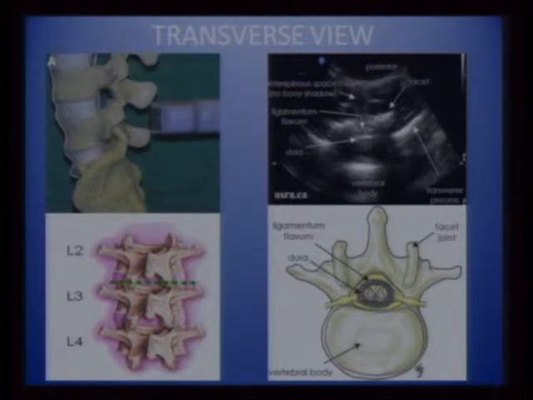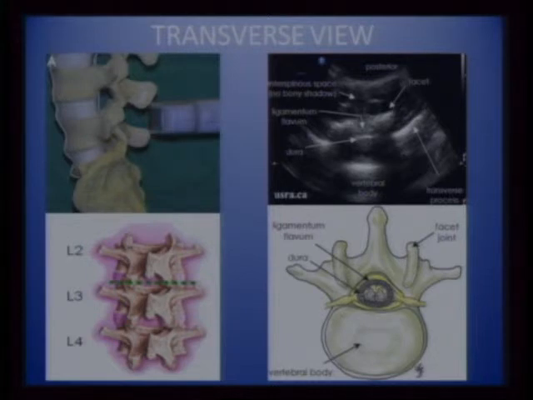If you change the site of insonation, and now you put your transducer in transverse view, in between two spinous processes, what happens is an acoustic window opens up. And here there is no shadow, and the window will actually show you a white line there, which is the posterior dura.